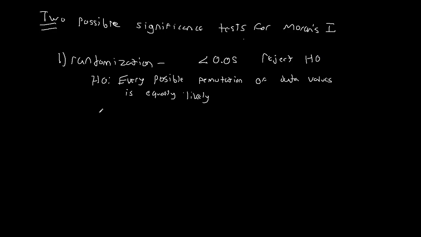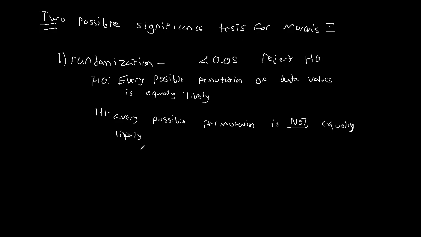So the alternative hypothesis would be that possible permutations are not equally likely, which is basically saying, hey, I'm a county and my data value matters to me.